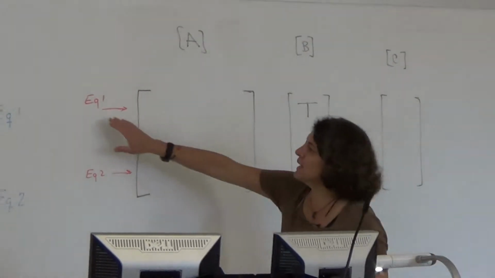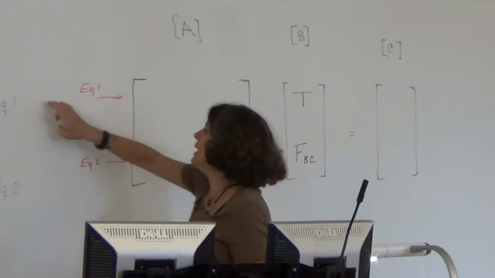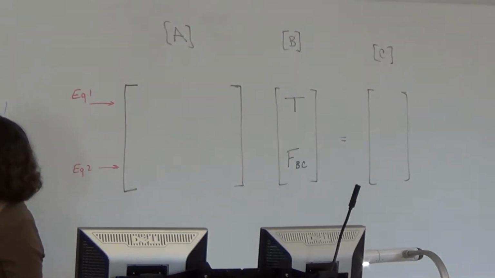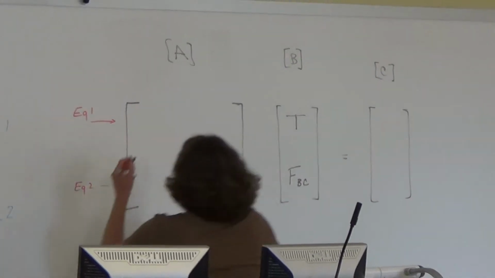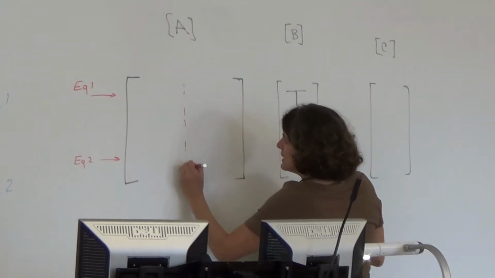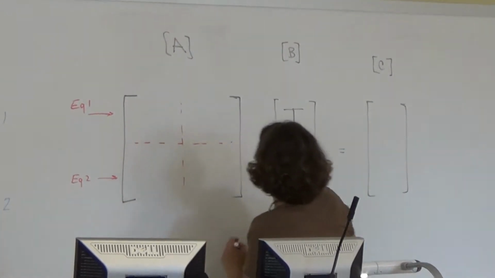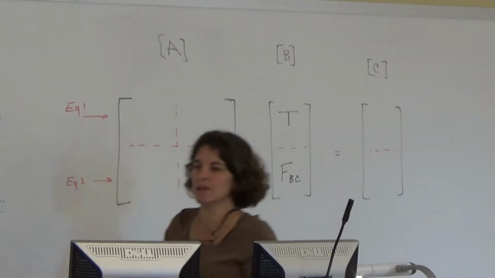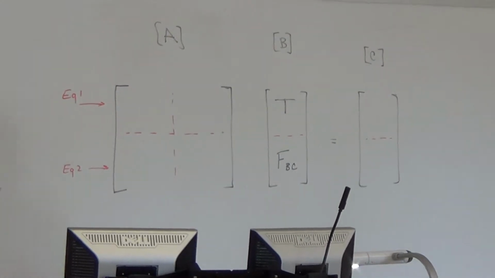Okay, so what we're looking at is, let's take equation 1 and we're going to substitute it in this line. So the coefficient of T, it's a 2 by 2 matrix. There aren't really lines in there. The red isn't really supposed to be there.